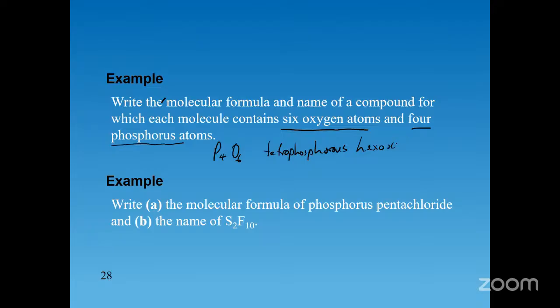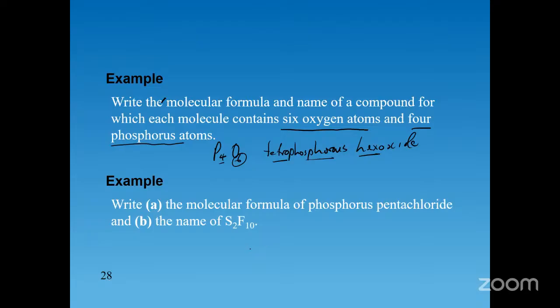Both can be correct, all right? So tetraphosphorus hexaoxide is the answer, right? Tetra, because you have 4 phosphorus atoms, and then 6, that's where the hexa comes from, and then oxide would be, of course, due to the oxygen. All right, very good. Okay, so that's the first example.